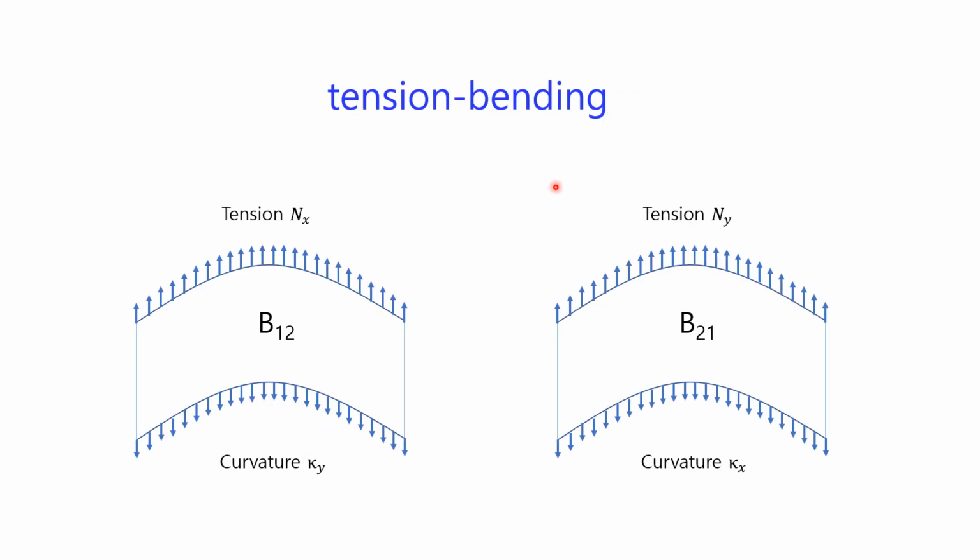For example, the curvature kappa y produces the tension force Nx in proportion to the stiffness element B12, and the curvature kappa x produces the tension force Ny in proportion to stiffness element B21.